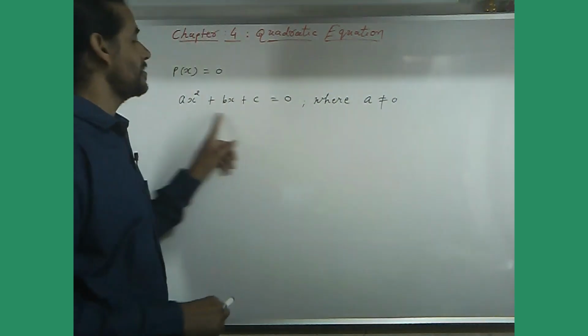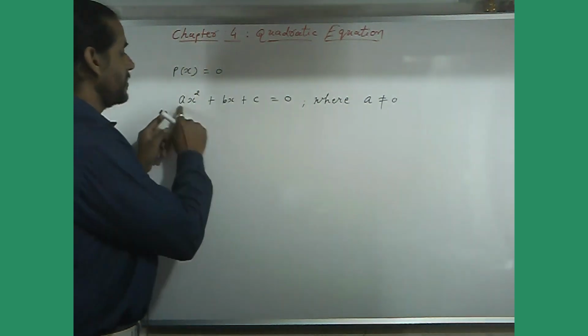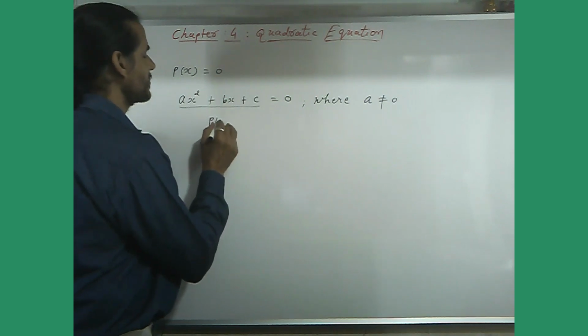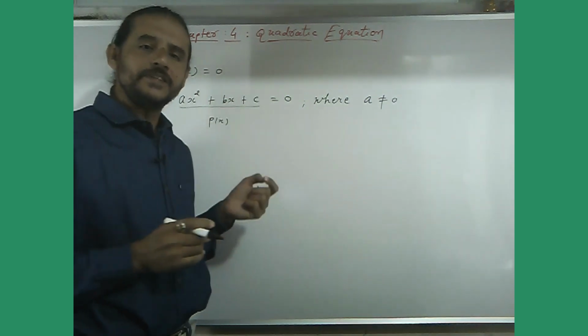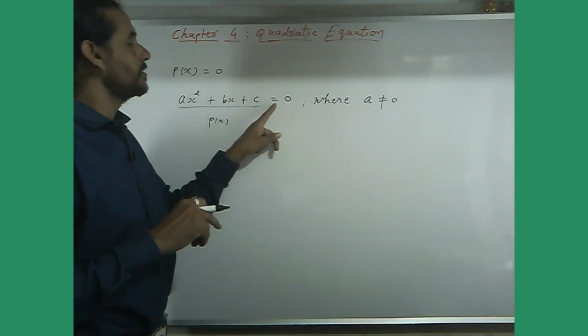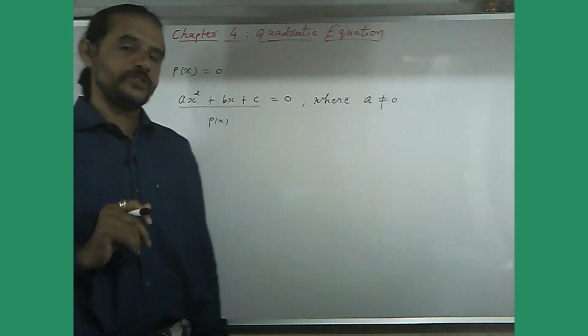Here this is p of x, and this is the polynomial of degree 2 equal to 0. This is the standard form of quadratic equation.